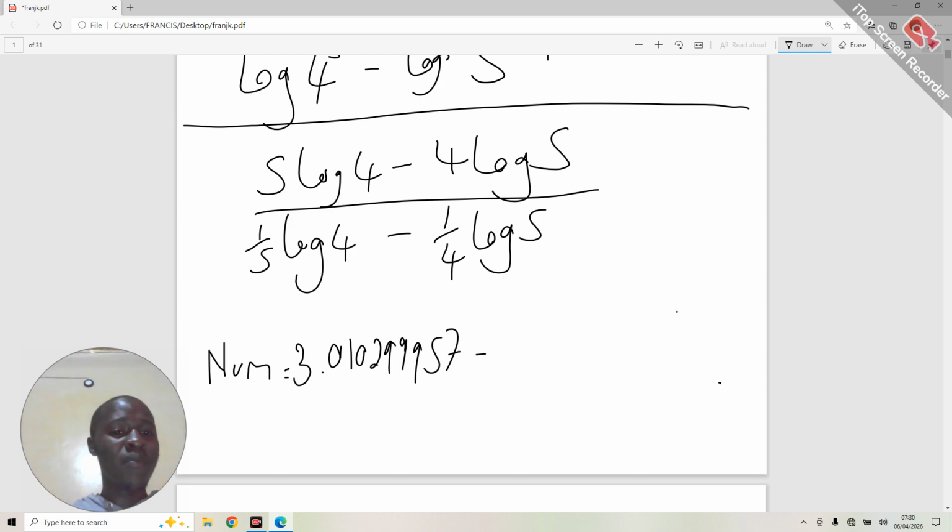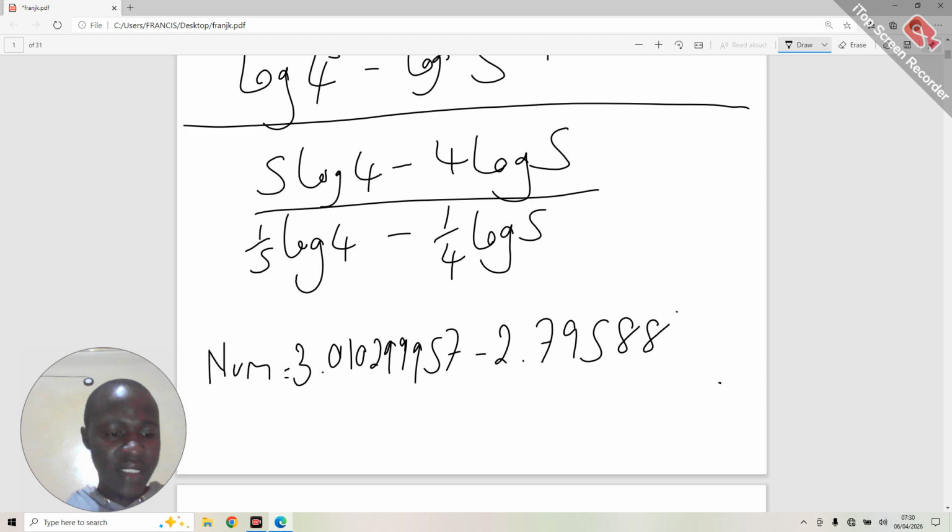But what was the problem? You rounded off at the immature stage. So make sure you round off, or round up, or truncate, or give to various significant figures at the final stage, not along the way. So for log 5, we have 2.795880017.